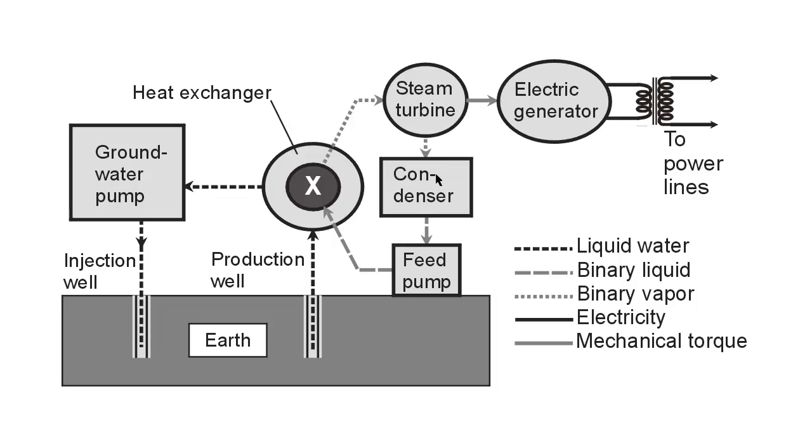The steam then is condensed, goes back into a feed pump, so we have a cycle here which produces steam, condenses it back into water, boils it in the heat exchanger, makes steam again. So that's one cycle. The other cycle is this one right here. That's why it's called a binary cycle, because there are two cycles in operation here.